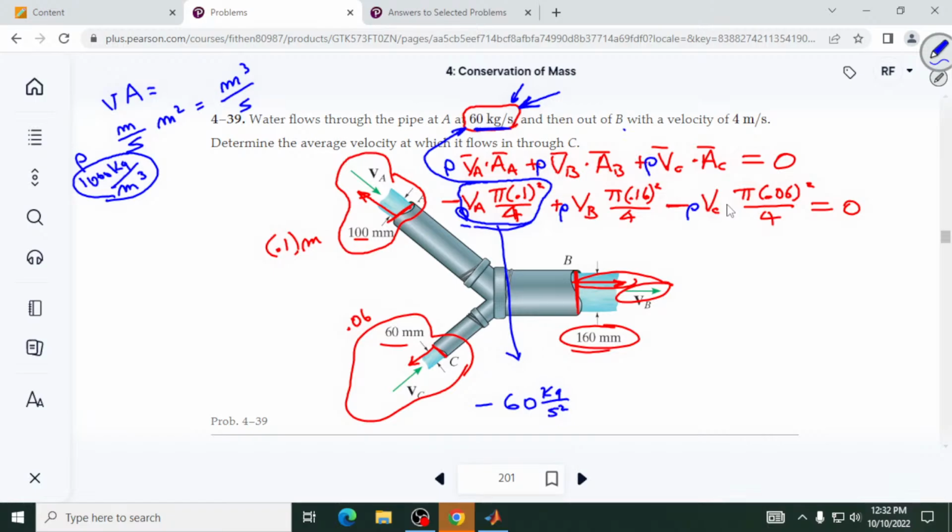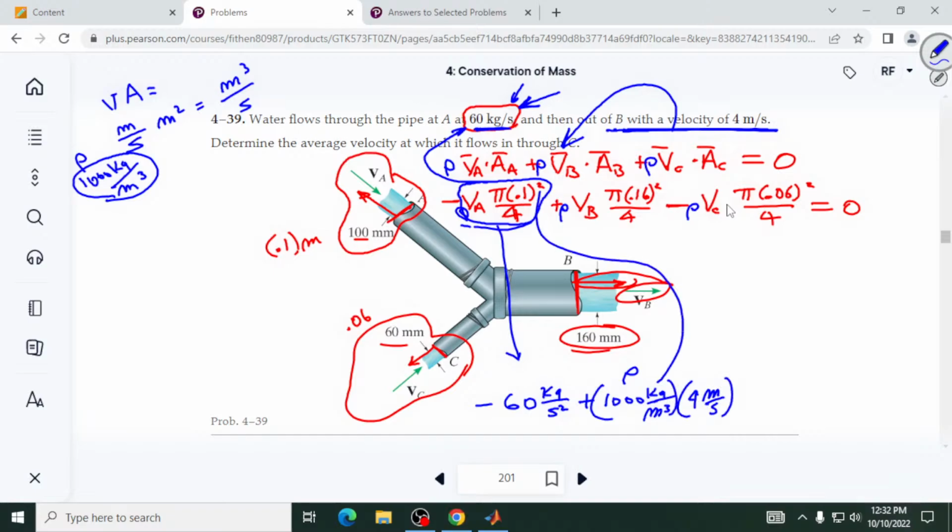Oh, it says the velocity at B. Okay, and then out of B with a velocity of 4. So that would be plus 1,000 kilograms per meter cubed for density. Velocity, he wants the velocity to be 4 meters per second.